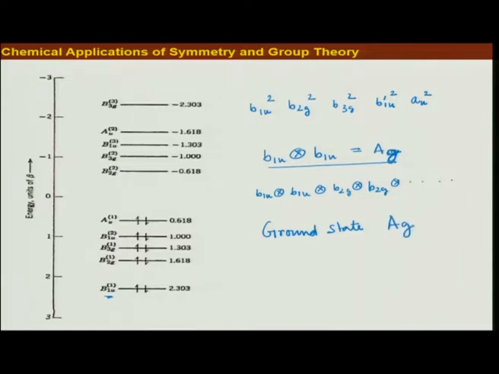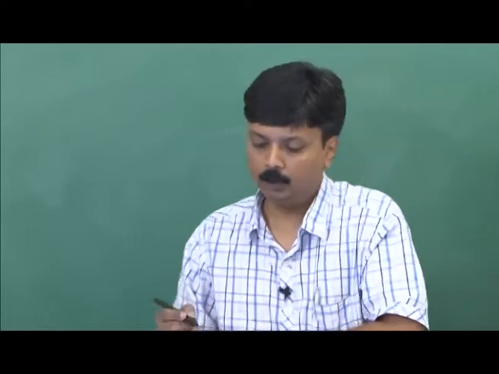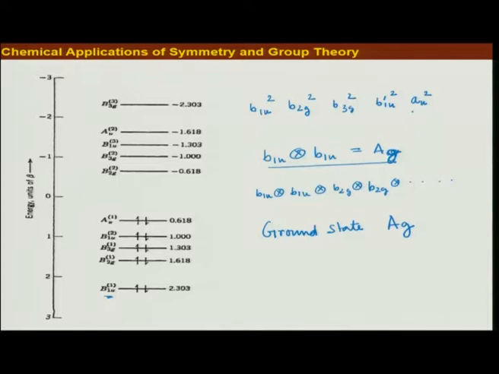And we also now know that if the configuration has all electrons paired up, then I can ignore those and concentrate only on the orbitals which contain unpaired electrons. I should be worried about only those, because the others will always give you the totally symmetric irreducible representation. So this is my ground state.